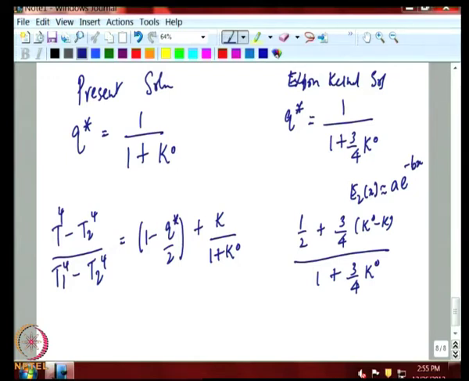These two will look quite alike, and this can be made to look somewhat similar to that by looking at substitute for q star. You will get half plus kappa 0 by 1 plus kappa 0 plus k by kappa 0.